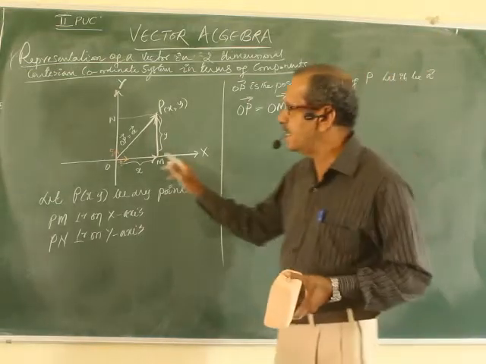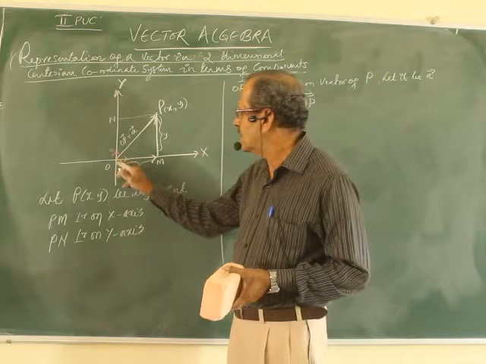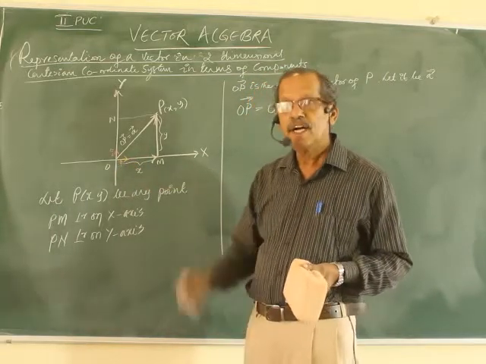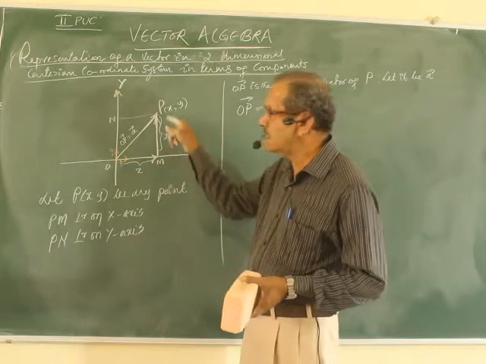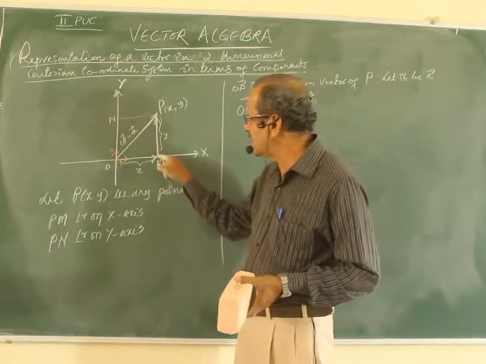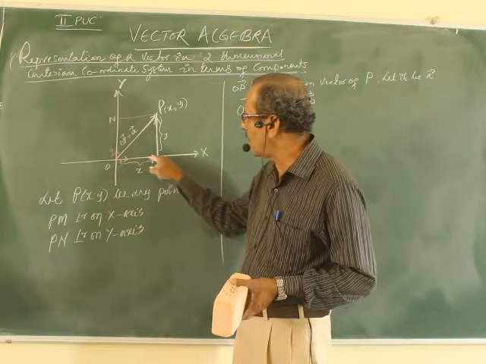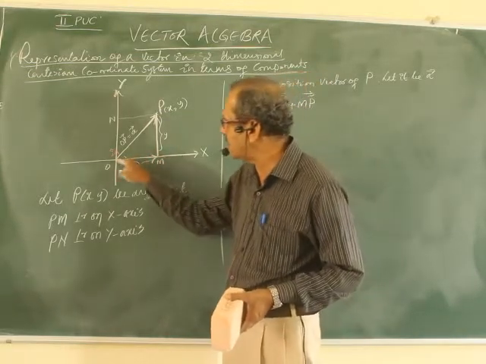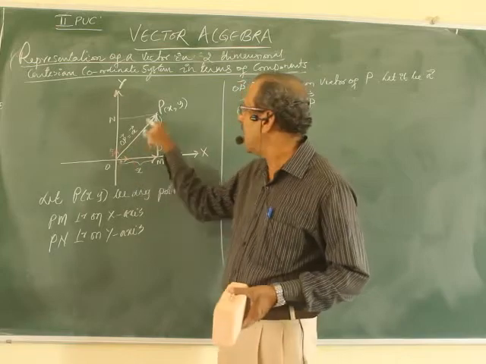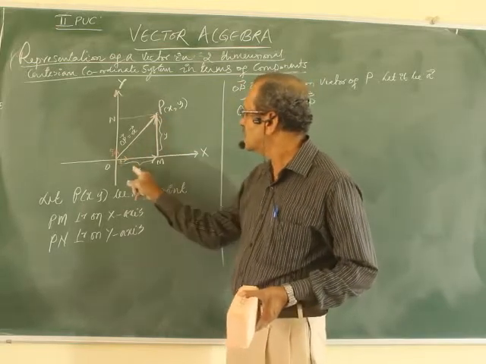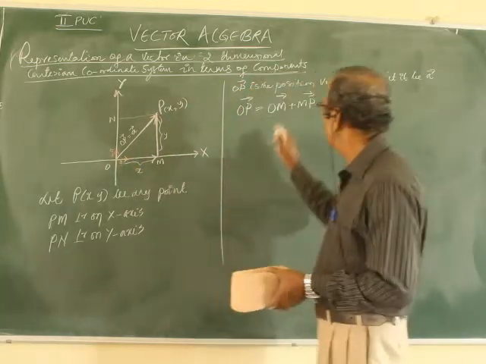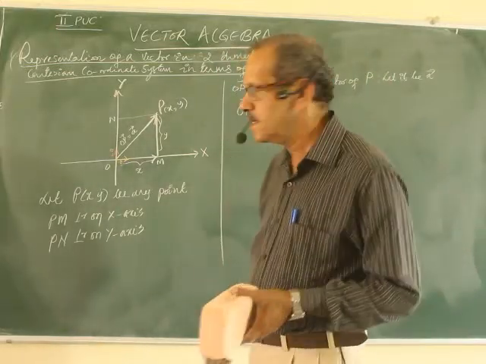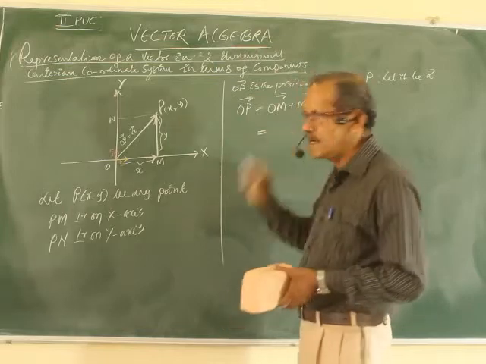Make the idea clear once again. According to addition of vector, consider the first vector OM. Take the second vector so that its initial point coincides with the end point of the first vector. Then the vector represented by initial point of the first, end point of the second is the sum of two vectors, OM plus MP. Clear now?